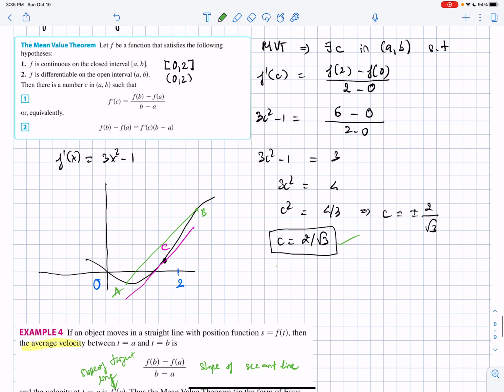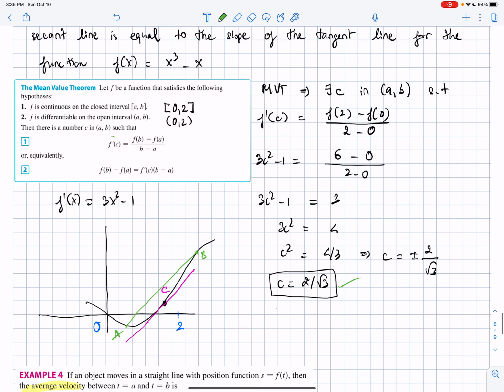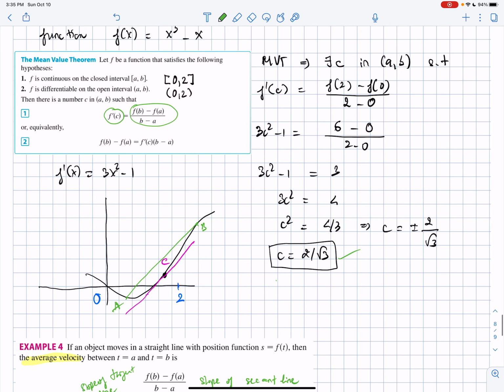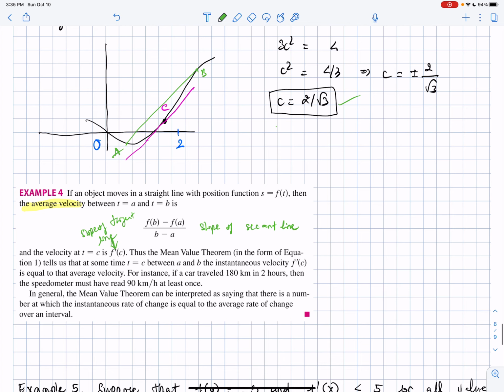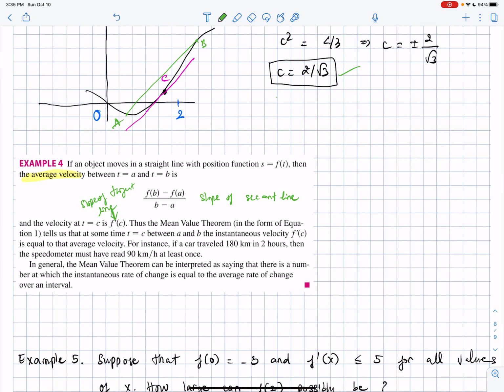Now let's go back to the mean value theorem. So this part means the slope of the tangent line, and this means the slope of the secant line. In this situation, one is the average velocity, and one is the instantaneous velocity.